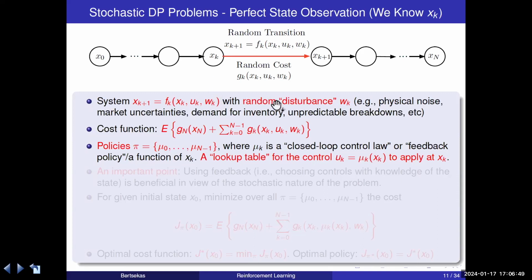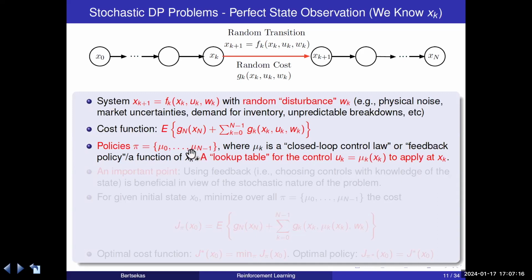So that's the consequence of this stochasticity. We don't know exactly where we're going to land when we get a control sequence, and therefore we need to wait to see which state we're going to be in. This is called a feedback policy or a closed loop control law. And the preceding one that we had for deterministic problems was called an open loop control sequence.